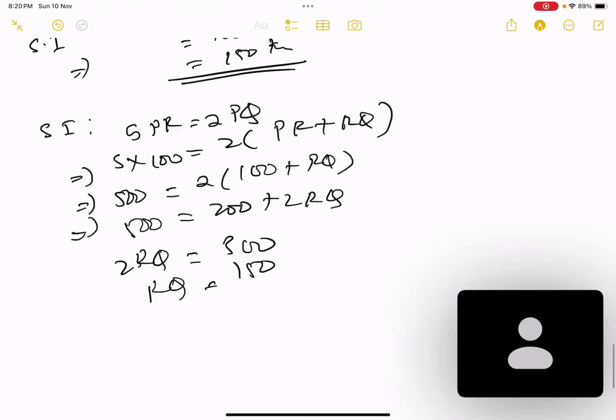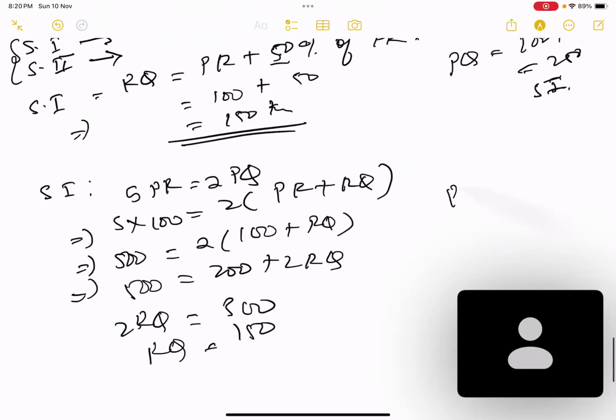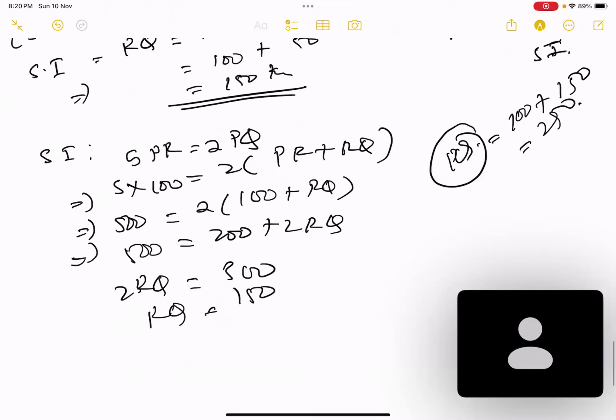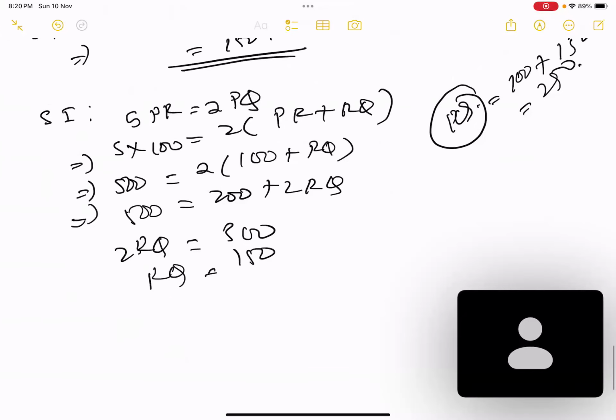Therefore, we found that PQ is nothing but 100 plus 150, that is 250. So even RQ can be found out by statement 2 also, which means that the answer should be number C.